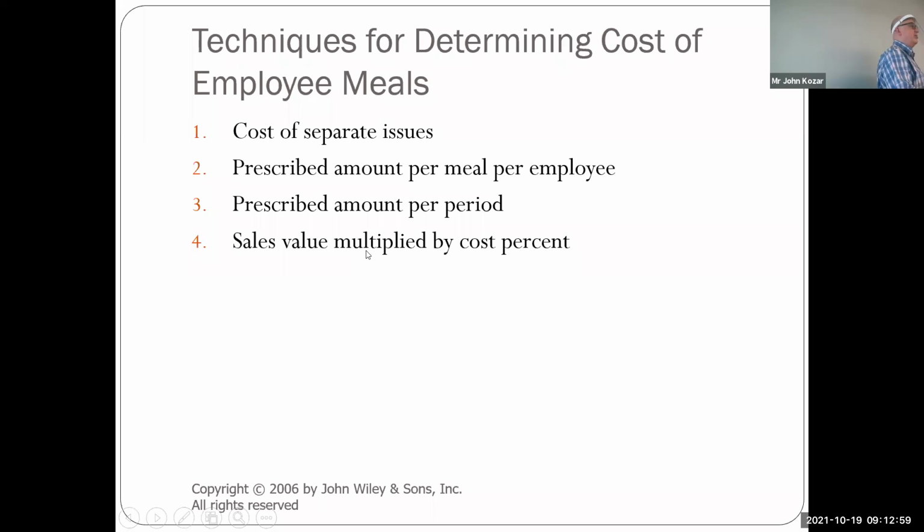You could charge them just for the cost of that food. So you would take your recipe cost cards for a burger and fries and have that costed out, and every time somebody got a burger and fries, that's what it would be. If you got a bowl of soup, it would be the actual food cost of the soup.